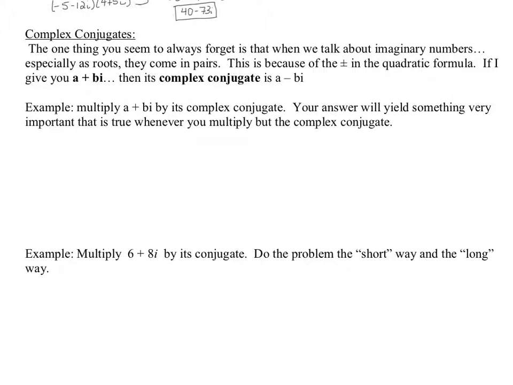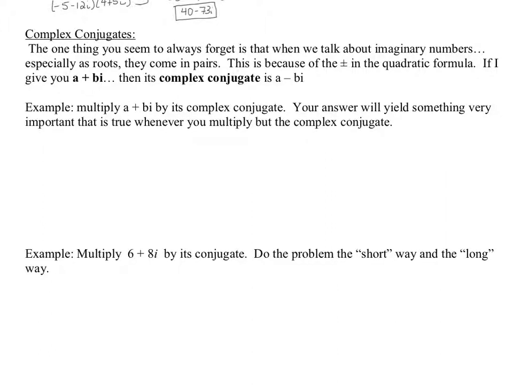So if you kind of think about that difference of two squares thing, that might help you a little bit here. You want to have one plus, one minus. That's the same concept. So for example, multiply a plus bi by its complex conjugate. Your answer will yield something very important that is true whenever you multiply by the complex conjugate.